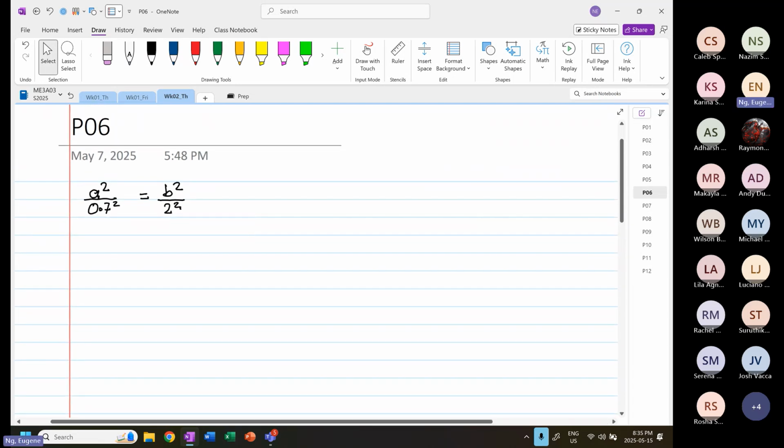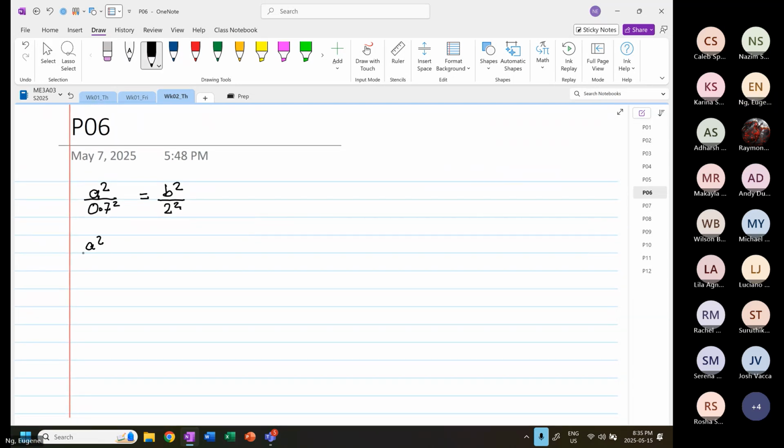We have A squared over B squared equal to 0.7 squared divided by 2 squared. So (A over B) squared is equal to 0.7 squared divided by 2 squared, which is 49 over 400.